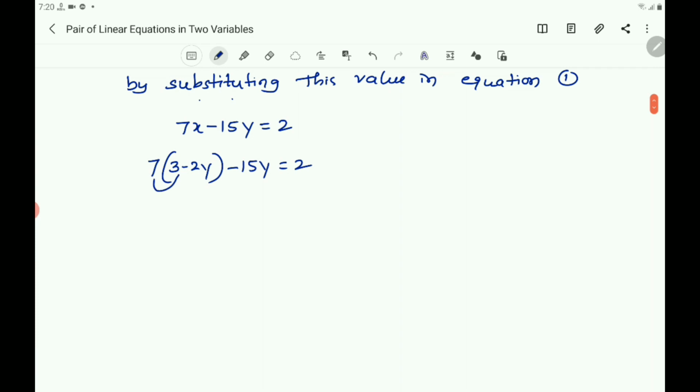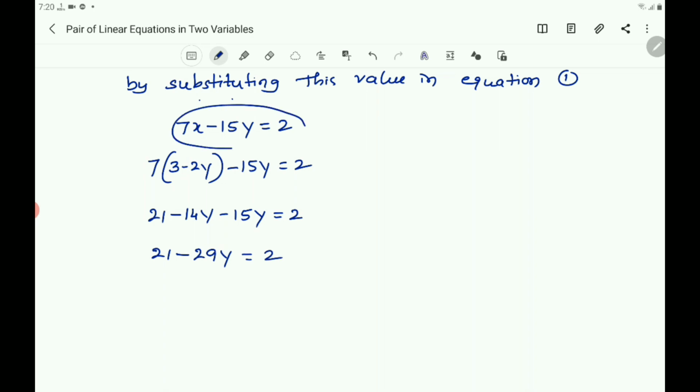So you multiply 7 and 3. 7 3s are 21 and 7 into minus 2y, that is minus 14y, minus 15y equals 2. Both are minus here. They are the like terms. You can add them as they are having same sign. Sum of 14 and 15 is 29. So you will get 21 minus 29y equals 2.